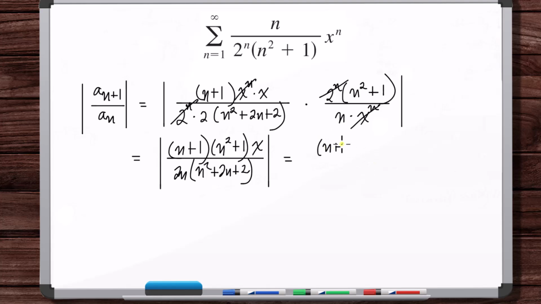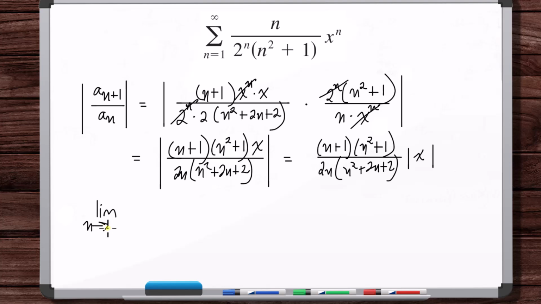So the limit as n approaches infinity of this, we can bring out the absolute value of x. And you could see you're going to have a 2n cubed in the denominator and a 1n cubed in the numerator. So this limit's going to go to 1/2.